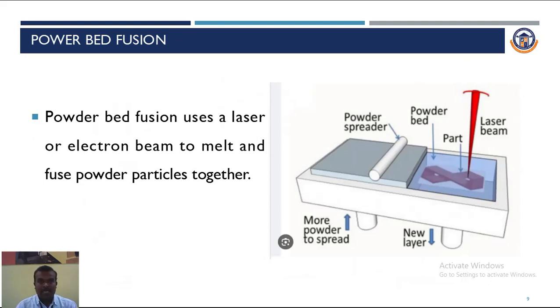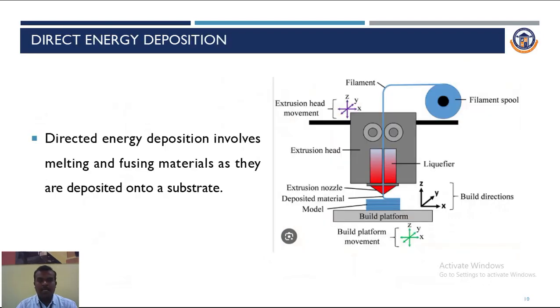The particles will be sintered and fused, or melted, to form a solid. So in powder bed fusion, the powder is fused together by melting or sintering, and we get the final output products.